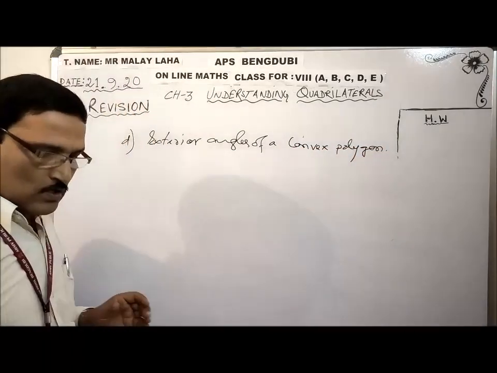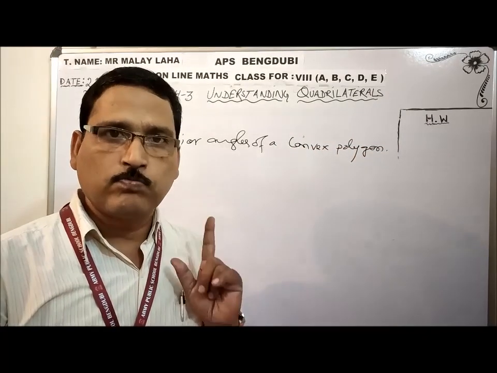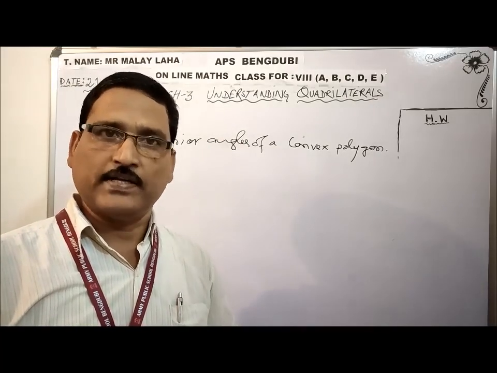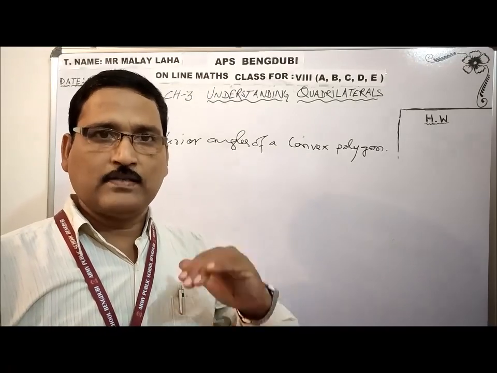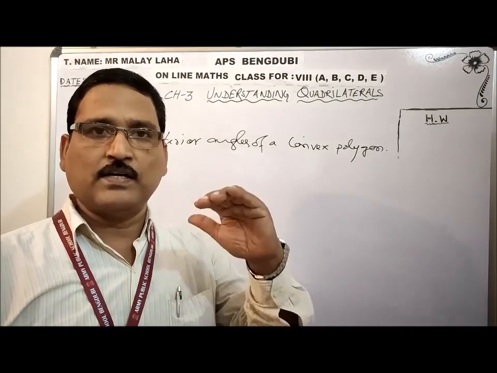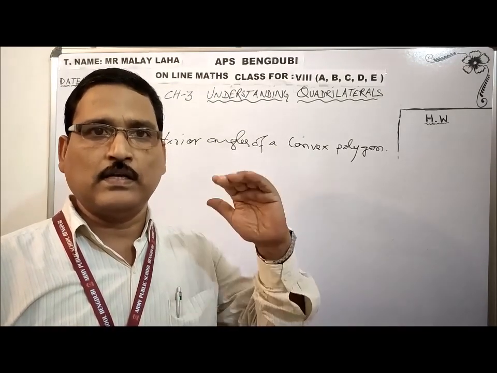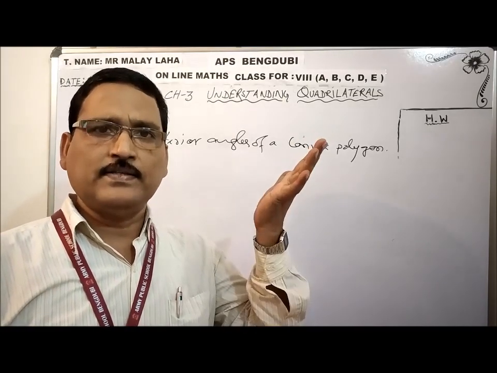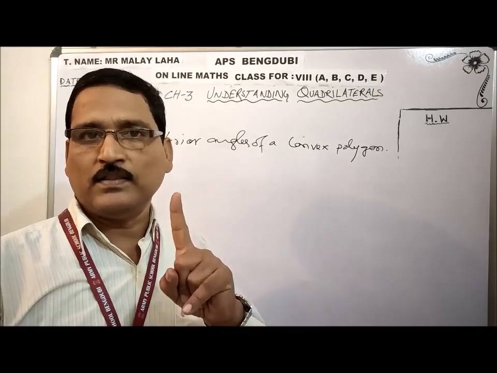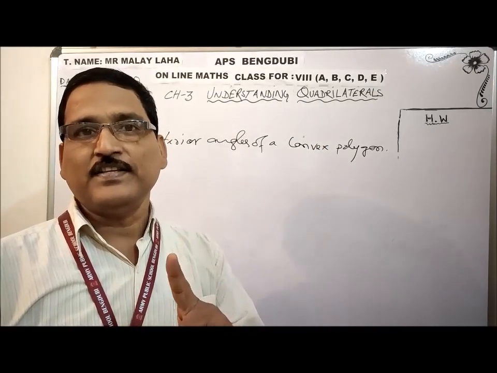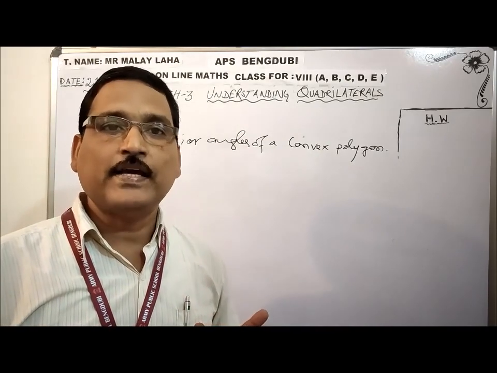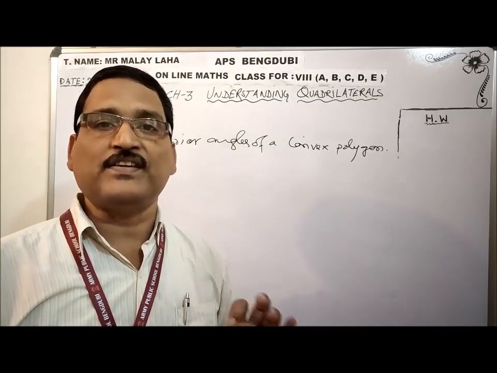Exterior angle. So, convex polygon. The first convex polygon is the triangle. So triangle, square, pentagon, hexagon, heptagon, octagon, nonagon, decagon, 11-gon, 12-gon, whatever it is. The number of sides increases, the name also changes. But one thing does not change: the total sum of the exterior angles of any type of convex polygon is fixed.